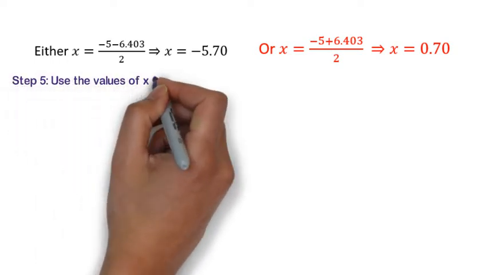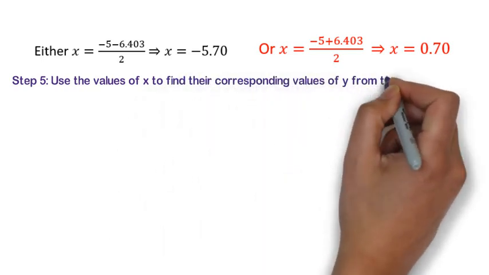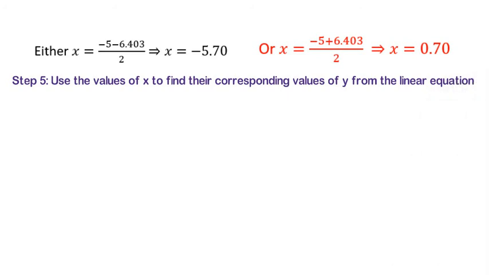Step 5. Use the values of x to find the corresponding values of y from the linear equation. We can also do it from the quadratic equation, but it is far easier to use the linear equation.